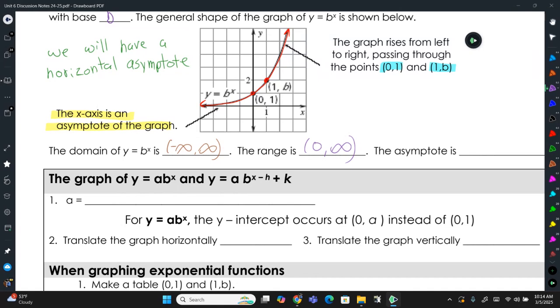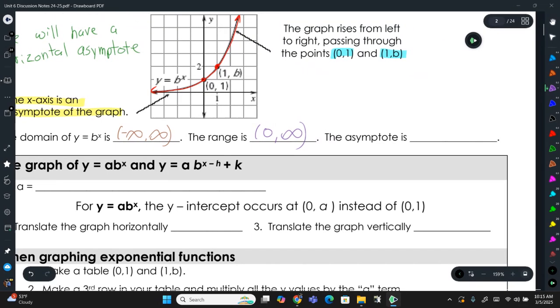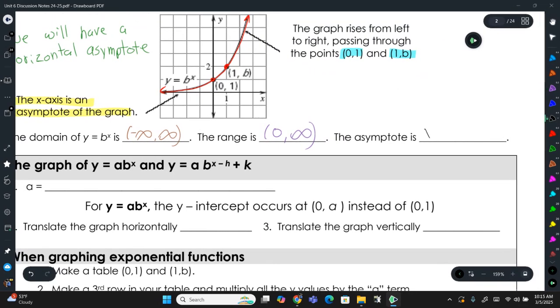Now, when we start translating it, yes, we will have stuff below the x-axis, but this is just y equals b to the x power. No a value, no h, no k. And our asymptote is y equals 0.